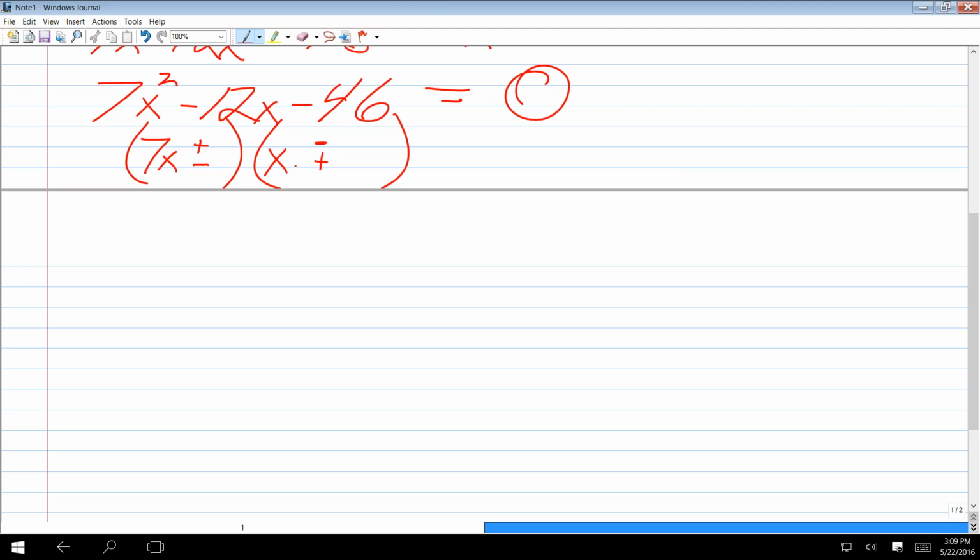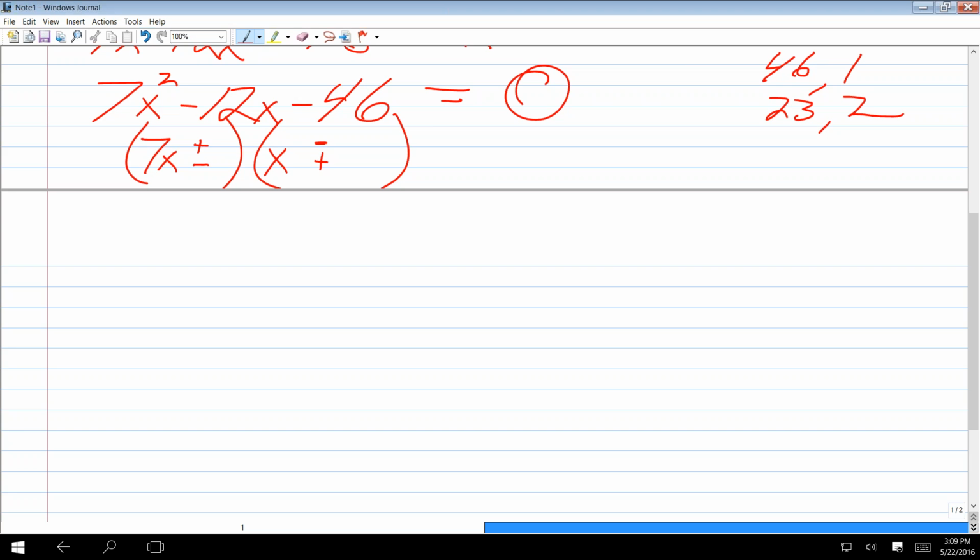Now, factors of 46. Let's list them over here. What else? 23 and 2. 23 is prime, so I can't divide it anymore. I can't divide 46 by much, so that's probably our only choices. I can't think of any other factors. Okay, so what I always tell everybody is choose the two factors that are closest together.